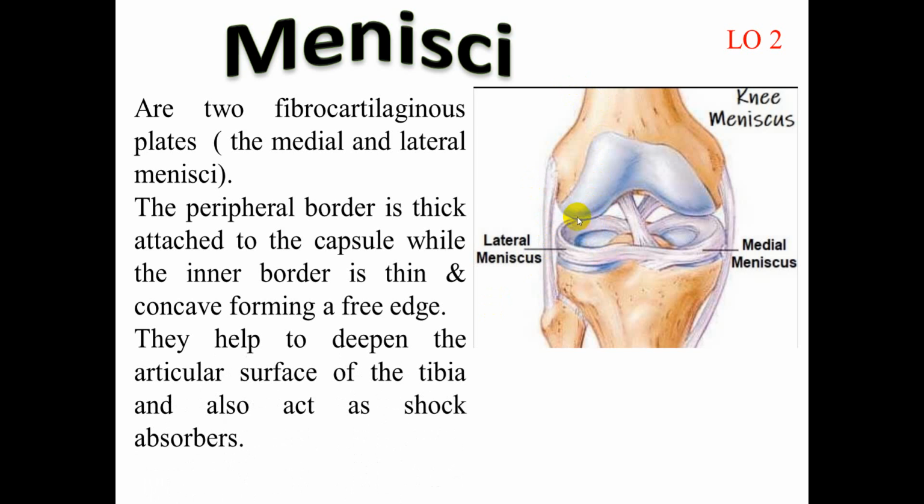They function to deepen the articular surface of the tibia. As I said in the previous slide, there is a mismatch between the femoral and tibial condyles. How is this solved? By the menisci, which deepen the articular surface of the tibia to accommodate the femoral condyle, plus they are shock absorbers during the activities of daily living.